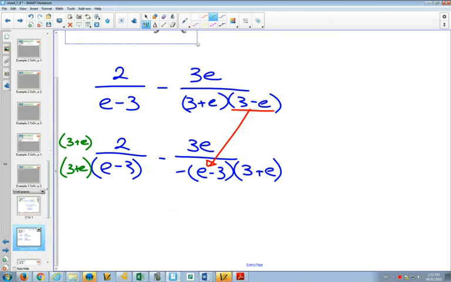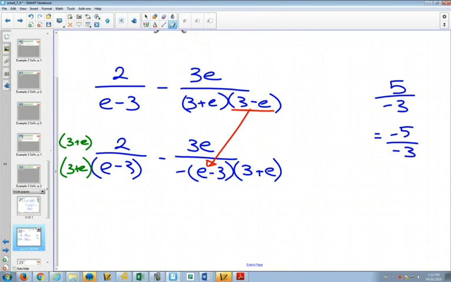What happens if you have a negative on the bottom of the fraction? What does that mean? Is this the same as this? No, you're right. If they're negative divided by negative, that would be positive, right?